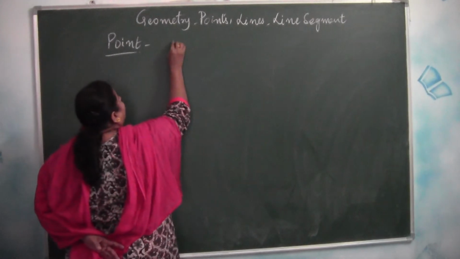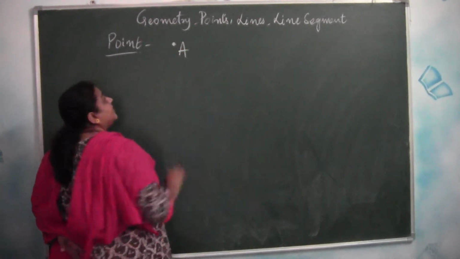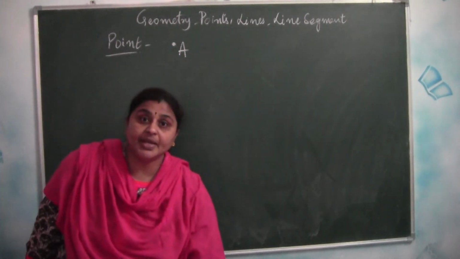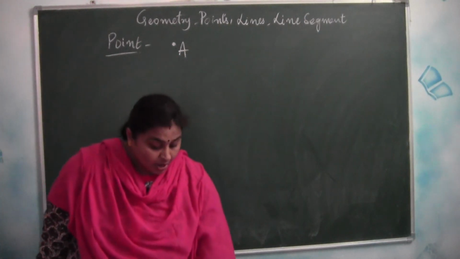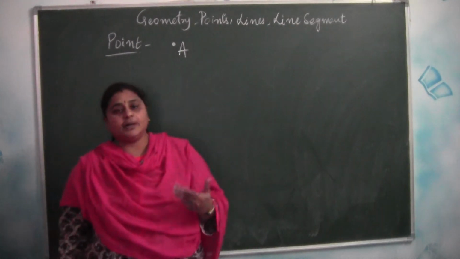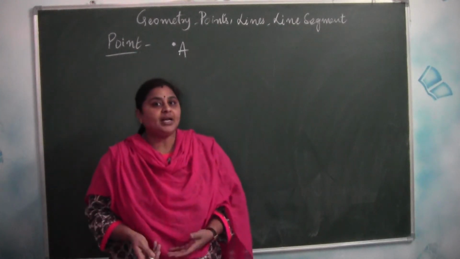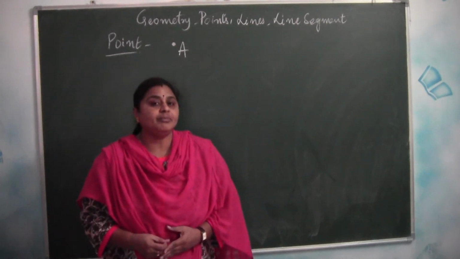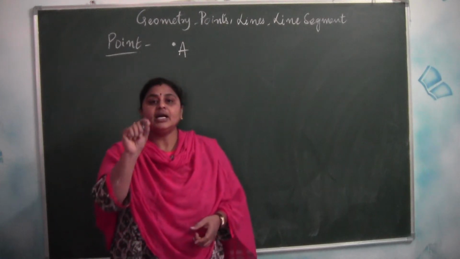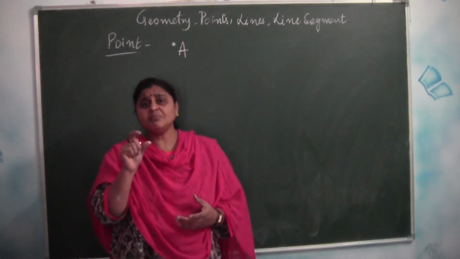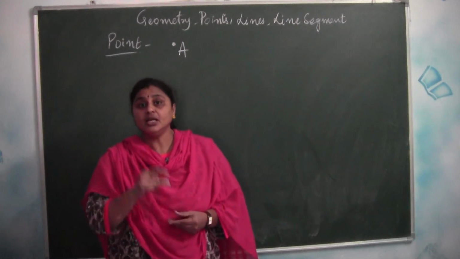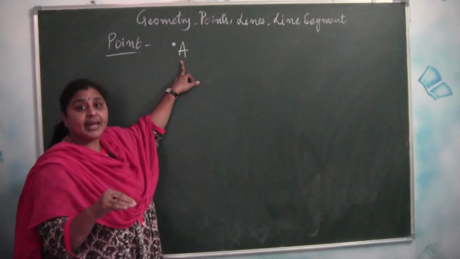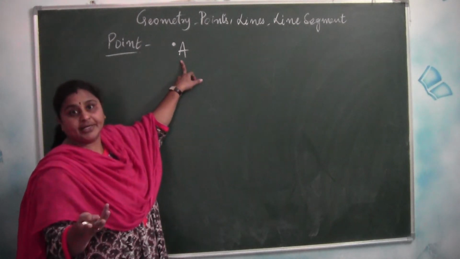Now this dot or point, I have written A. So here I am using the alphabets. Either it will be an uppercase alphabet, or a lowercase alphabet, anything. Small letter or a capital letter you can use to name a point. So a point is simply a dot, and we are using the alphabets, either a capital letter or a small letter.